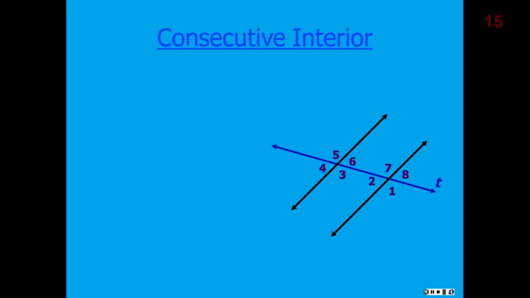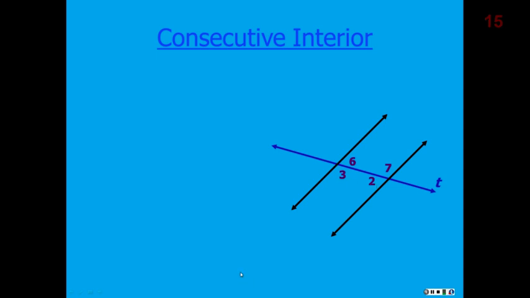Consecutive interior. What does that mean? Interior means what? Inside. So let's just look at the inside. Consecutive interior angles are going to be not equal, but what? What are they going to be? Aren't they on a line?